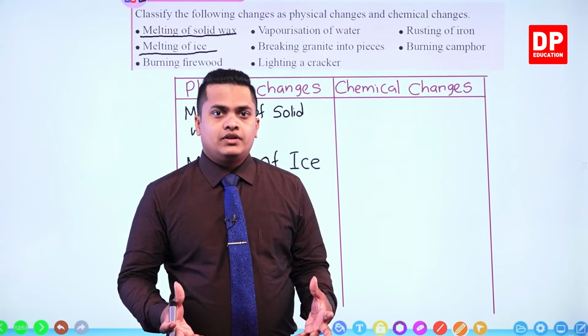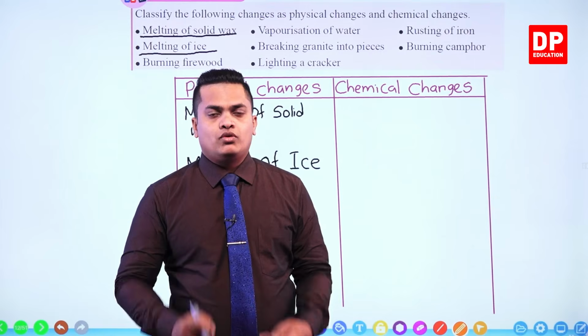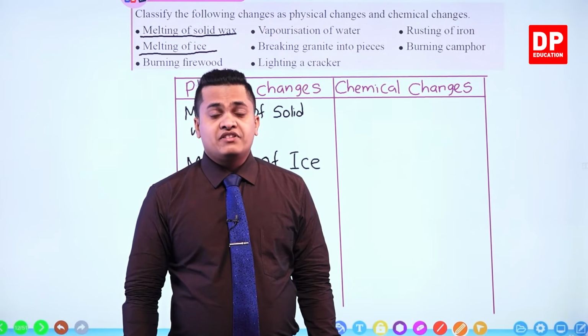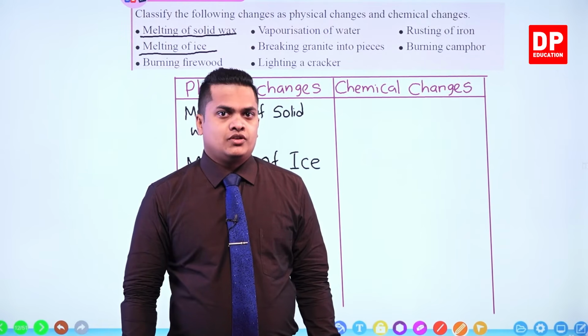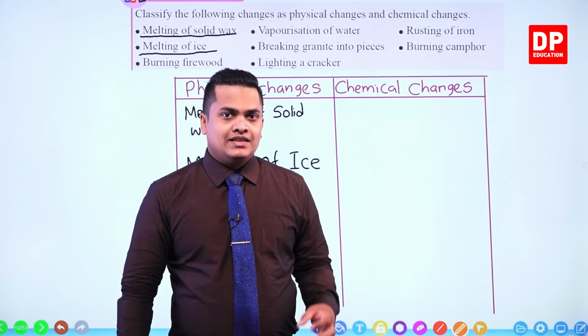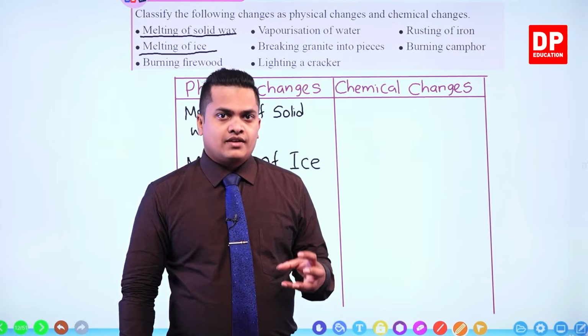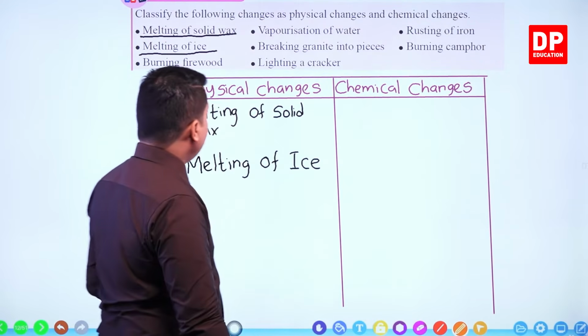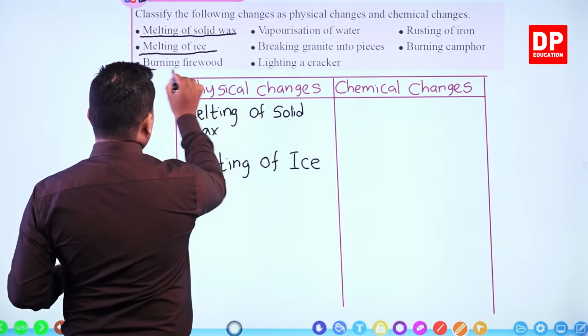We can't convert these things back to firewood once again. So therefore, there is no reversing back of this change. So you can see clearly this change is a chemical change as it is creating new substances, right? So we can write burning of firewood.